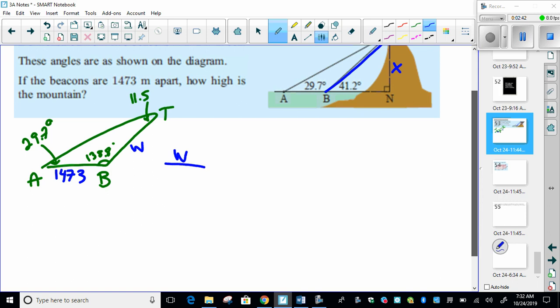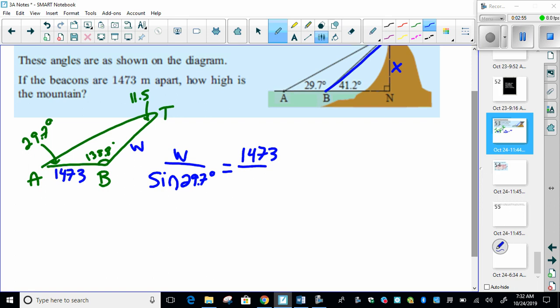So W is to the sine of 29.7 degrees as the side length that I know, 1473, is to the sine of 11.5. Sometimes it's easiest to find what you know and then start to look at what you need.